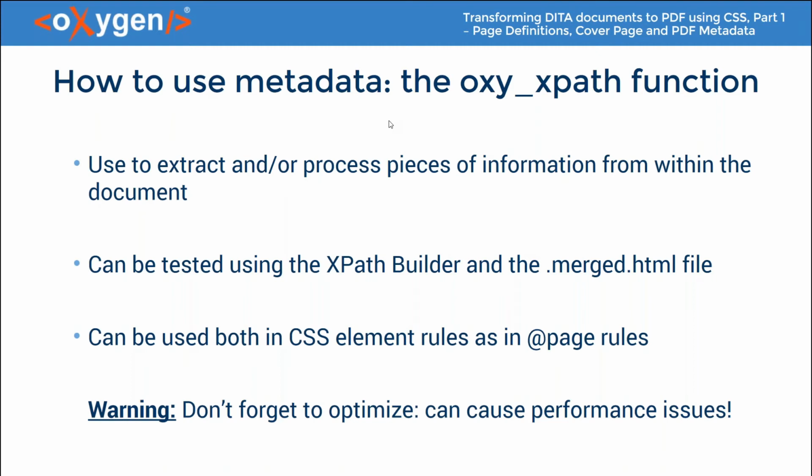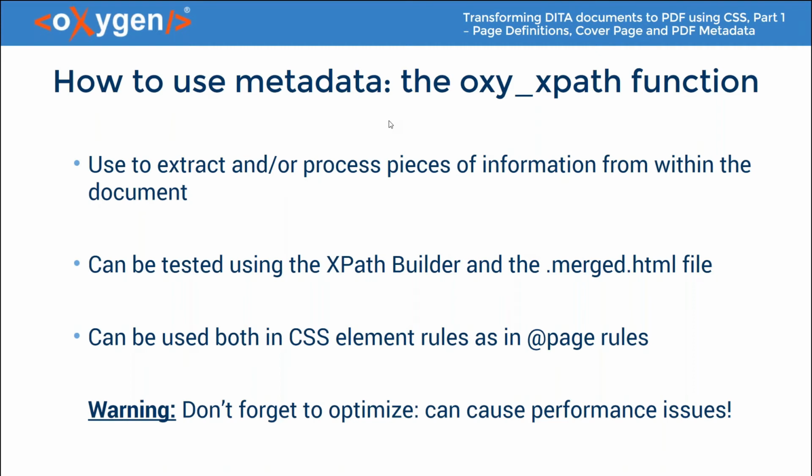You can also test all the XPath rules and queries using the Oxygen XPath builder and, as I said before, the .merged HTML file. Like this, you can be sure that the result obtained by the CSS will be the same you have tested. So you know that your query is going well and extracts only the information you want.